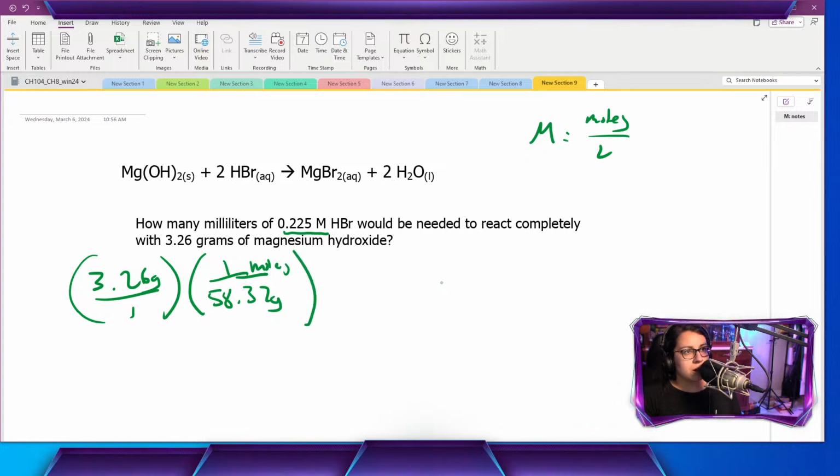Moles goes on top. So now this is moles of magnesium hydroxide. But now we need moles of HBr, right? So let's do that. So for every 1 mole of magnesium hydroxide, we need 2 of hydrobromic. And I'm going to stop there for a second just so we can kind of check in.